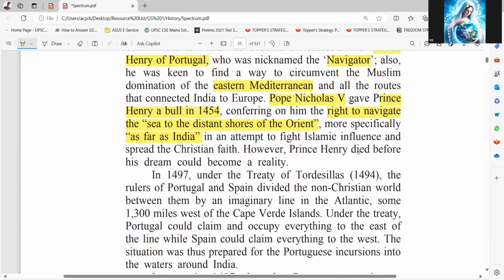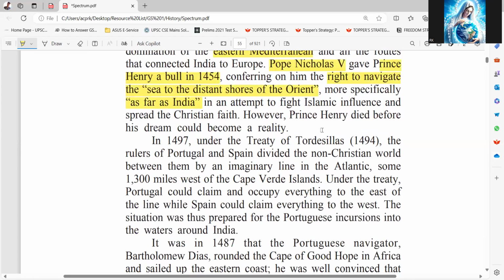However, Prince Henry died before his dream could become a reality. In 1494, under the Treaty of Tordesillas, the rulers of Portugal and Spain divided the non-Christian world between them by an imaginary line in the Atlantic, some 1300 miles west of the Cape Verde Islands.